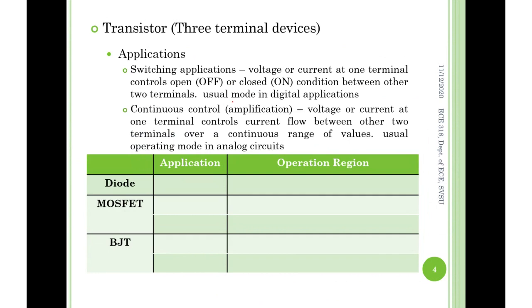We can see the on and off switching behavior from the IV curve as well, in different operation regions. And both can also work as an amplifier, continuous control amplification. The voltage or current at one terminal controls the current flow between the other 2 terminals over a continuous range of values. This is very popularly used in analog circuits.